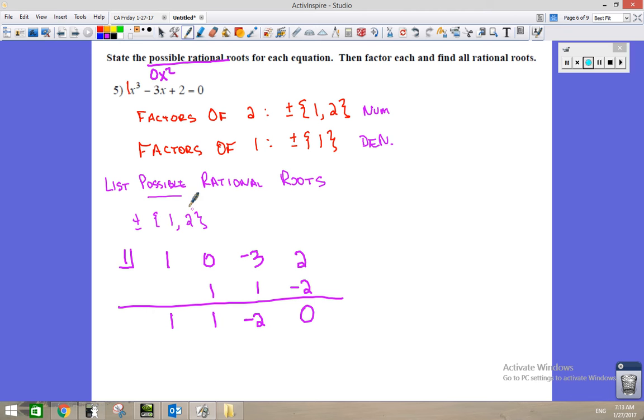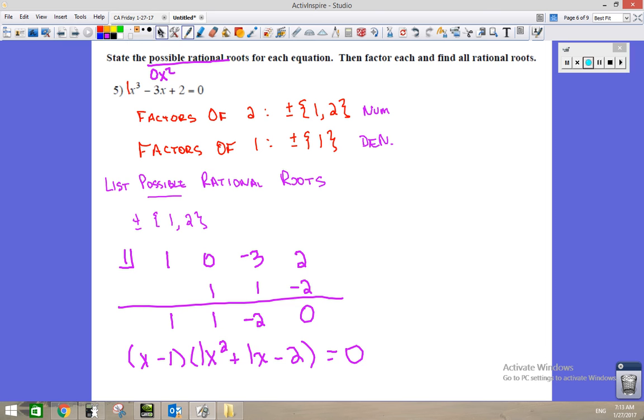Alright, so that tells me this left-hand side of this equation factors to x minus 1 times 1x squared plus 1x minus 2 equals 0.